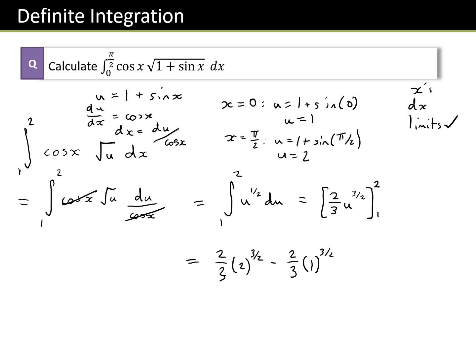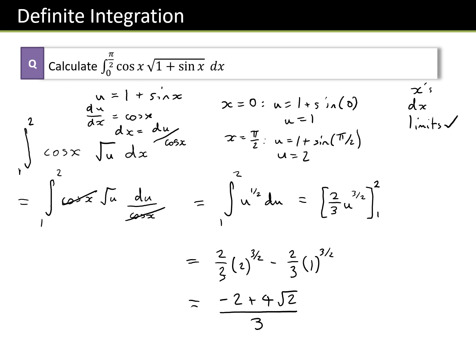So it's 2/3 times 2 to the power of 3/2 minus 2/3 times 1. See your answer, minus 2 plus 4√2 all over 3. Okay?